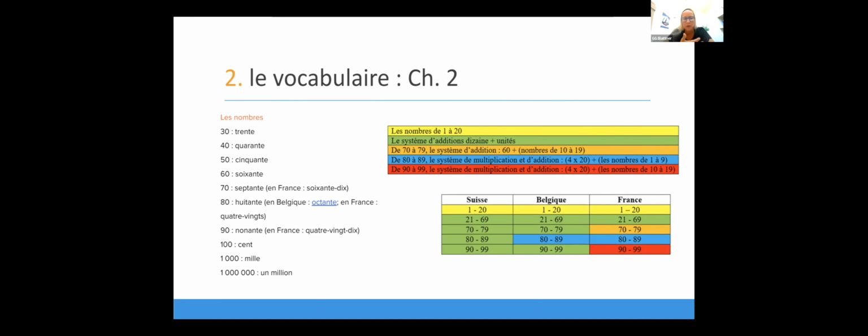So even through the vocabulary, we basically present a linguistic variety, so that the students start understanding very quickly that the French language is not standard, and there's a lot of variation within the various speakers and the various continents where it's spoken.